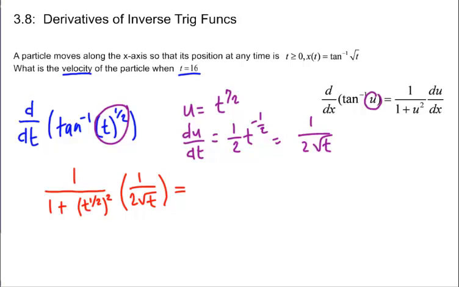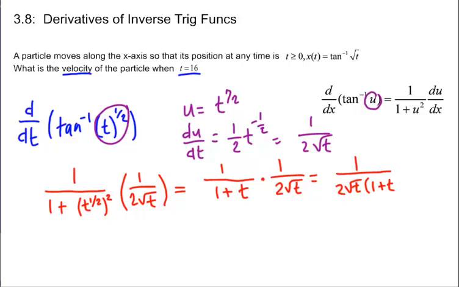Well, you get 1 over 1 plus t times 1 over 2 square roots of t. So here's what your derivative is.